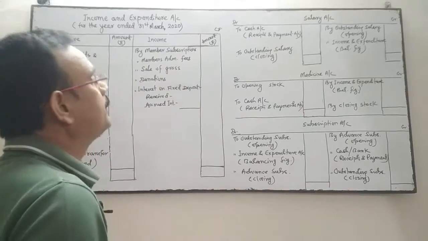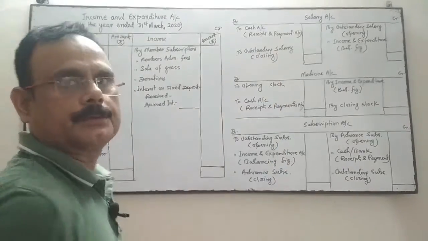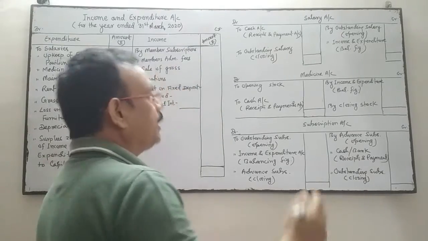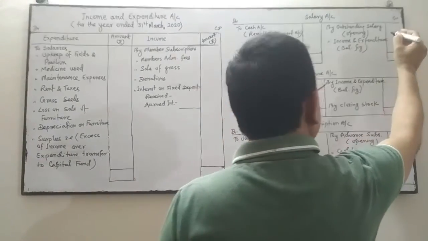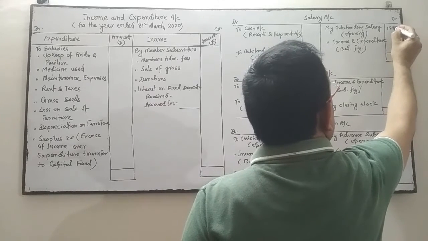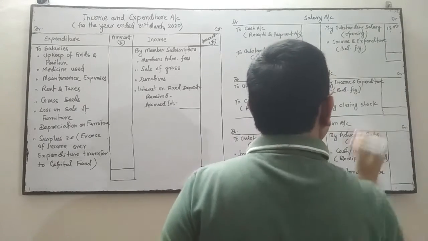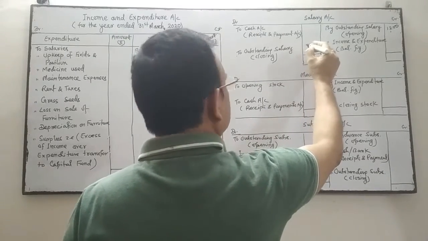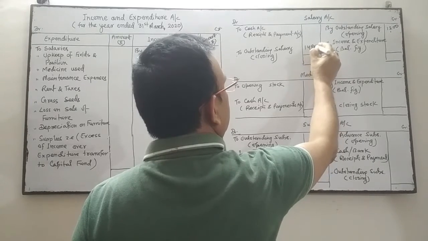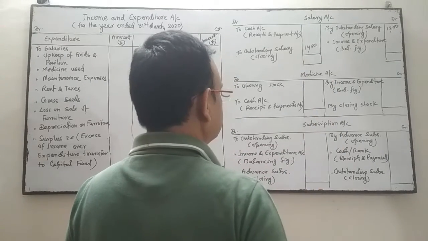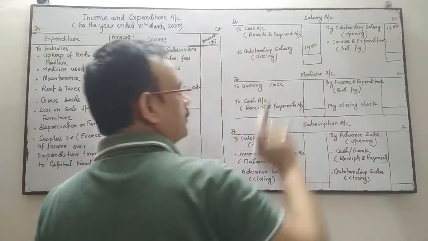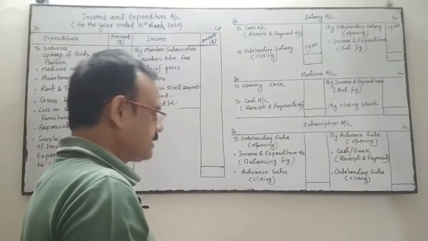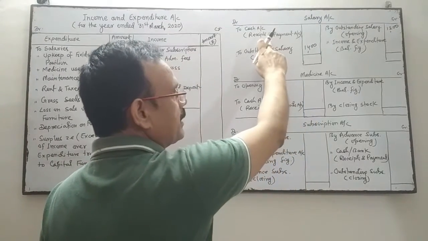Staff salary is the salary account. You have to prepare the salary account. Outstanding salary at the beginning is 1,200 on 31st March 2019, and outstanding salary closing is 1,400 on 31st March 2020. Salary indicated in the payment side of the receipt and payment account is 17,000.